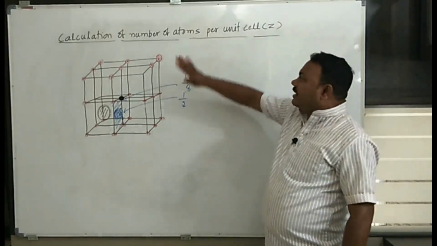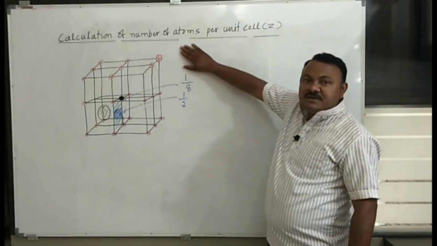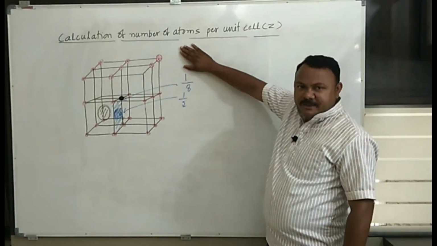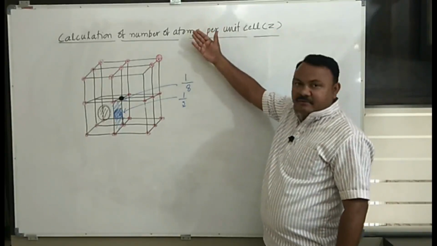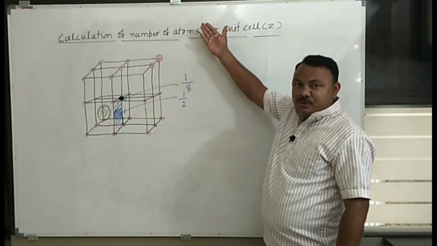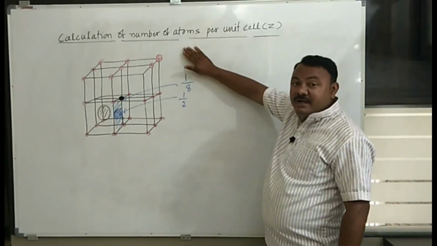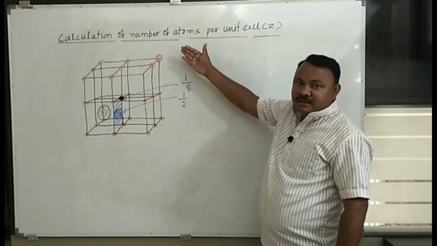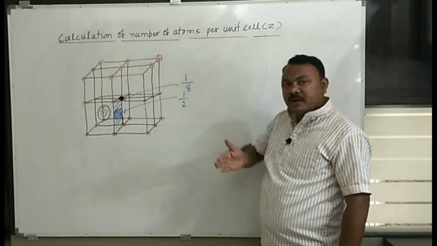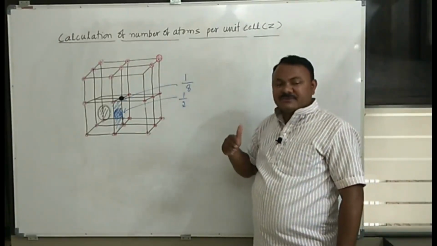If this is the wall of the room, you cannot say that this wall completely belongs to me, because beside this we have another room of our neighbor's house. So this is the wall which gets equally shared between two houses. Half a part belongs to our house and the other half of this wall belongs to our neighbor's house.